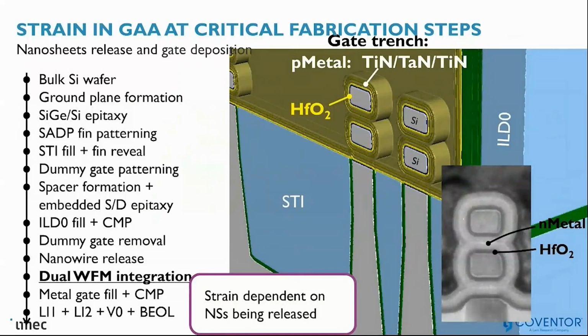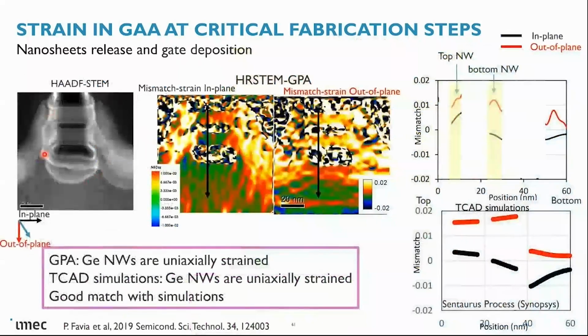And finally, we measure strain again here by high resolution STEM applying geometric phase analysis. And here we have again the mismatch in the in-plane direction and in the out-of-plane direction.